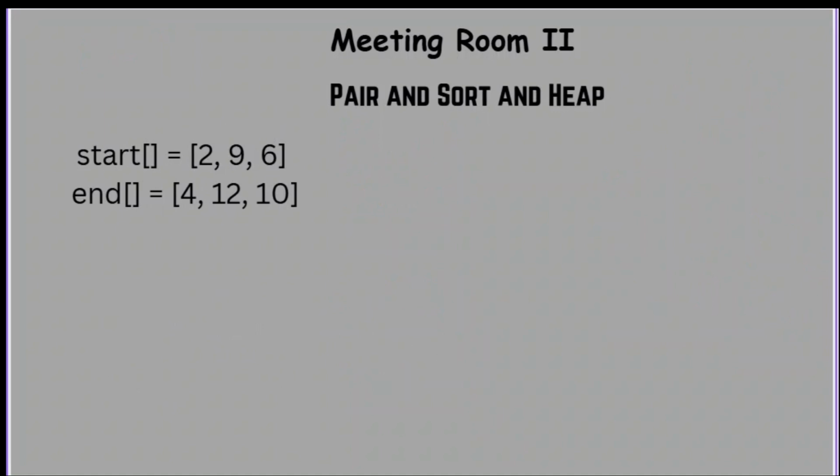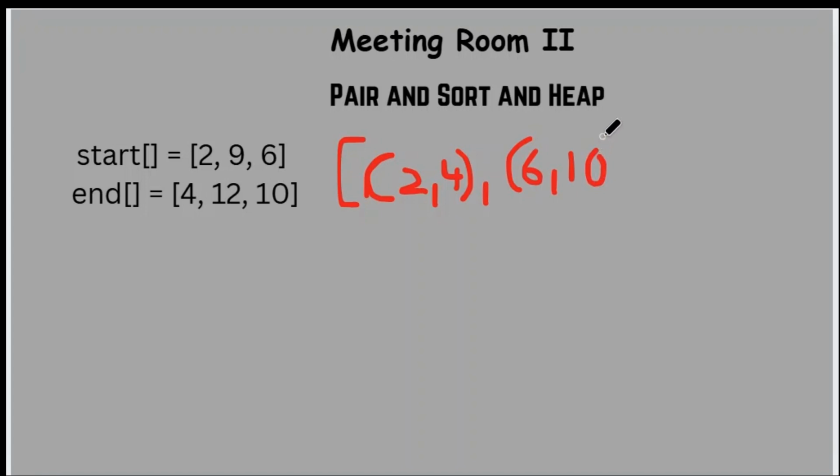Now this is another approach to solve this problem. Basically it is the same, but you have to pair them up. While pairing, you will get them as 2, 4, then 6, 10, and 9, 12.